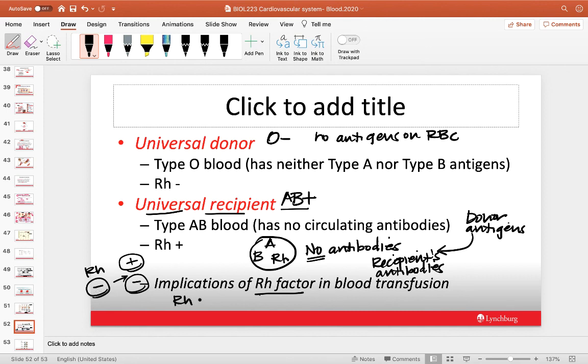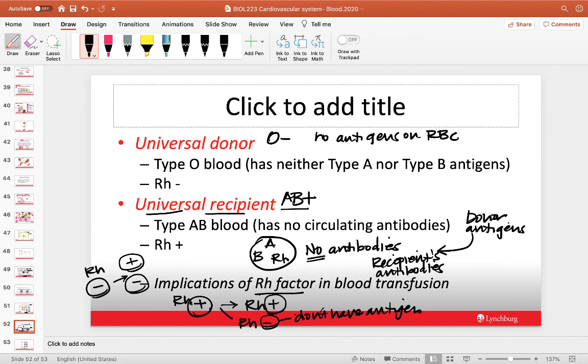If you are Rh positive, you can only donate to Rh positive blood. If you try to donate to Rh negative blood, what's going to happen? These guys don't have the Rh antigen. That's what that negative means. These guys do have the antigen.